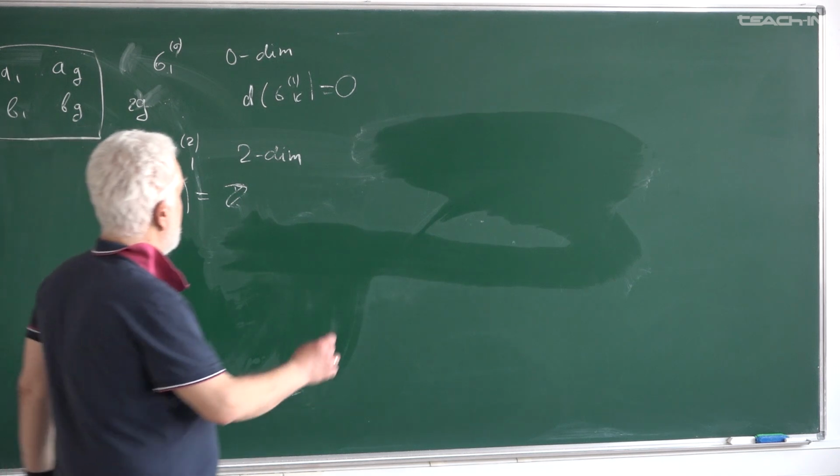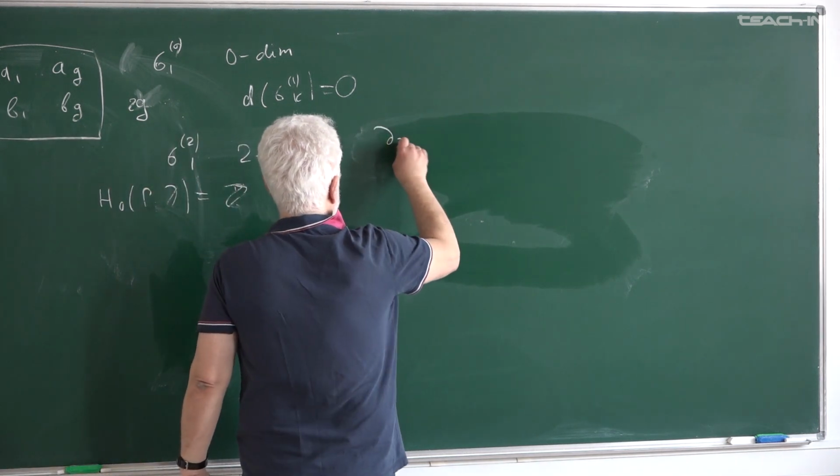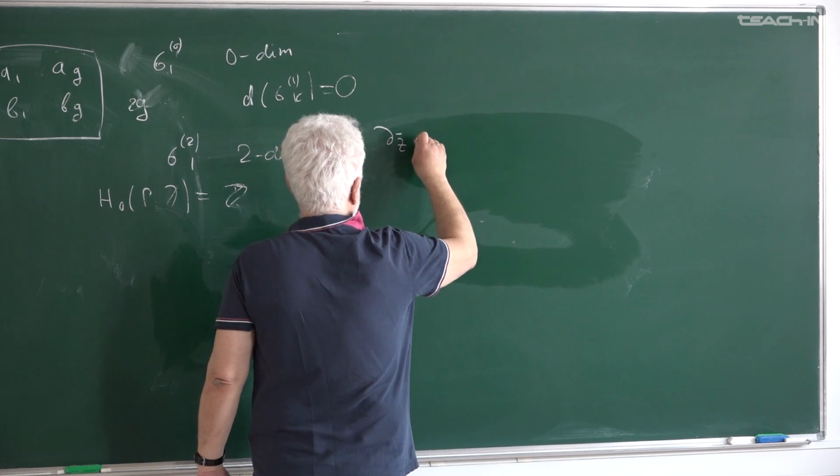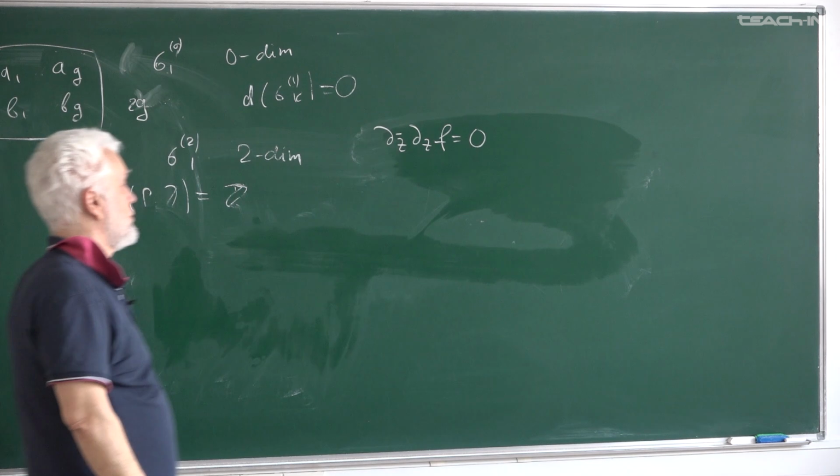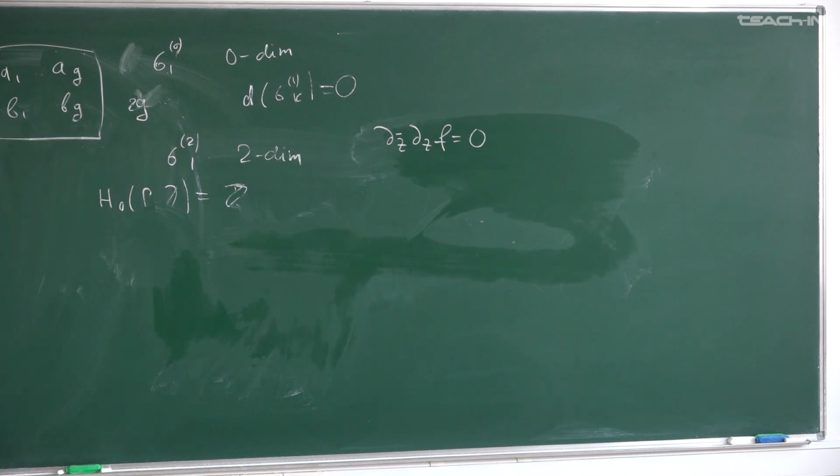Harmonic function satisfies the equation, its definition. It's well defined, harmonic function. And then a harmonic function can be written as a sum of holomorphic and anti-holomorphic, locally at least.